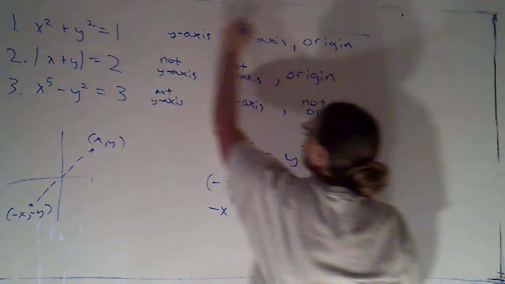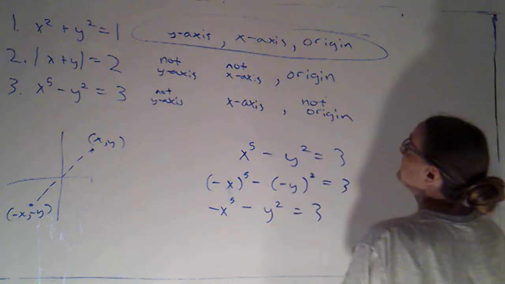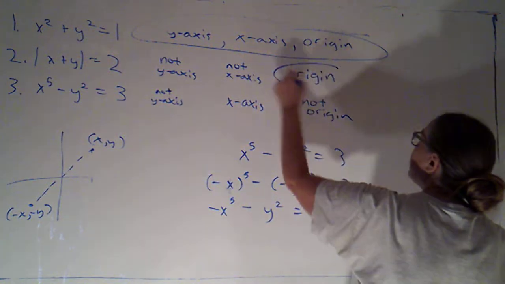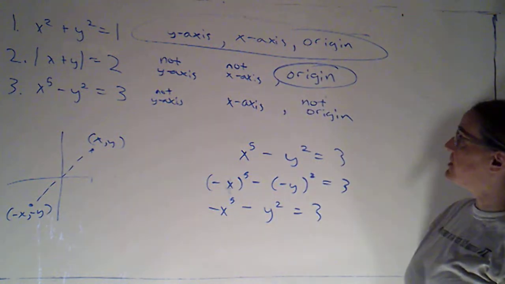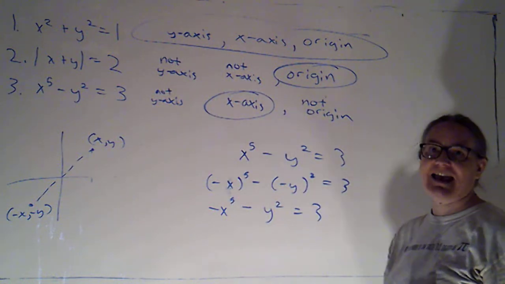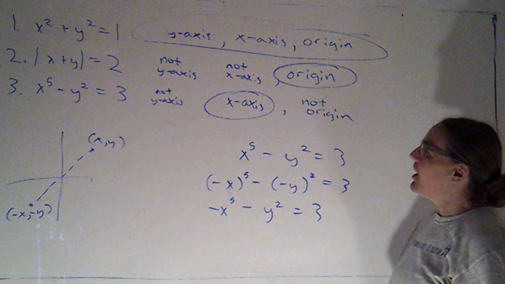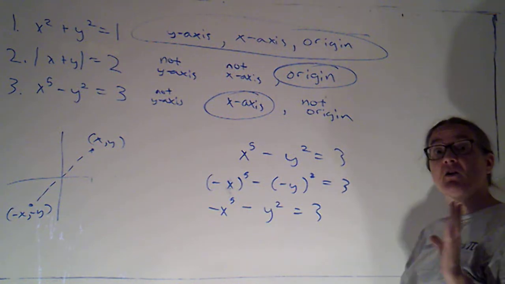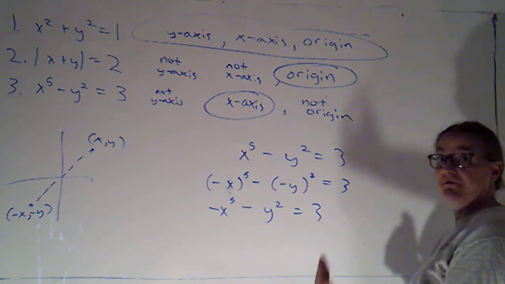So the first equation had all 3 types of symmetry. The second equation had symmetry just about the origin, and the third equation had symmetry just about the x-axis. All right, in the next video we're going to start talking specifically about functions.